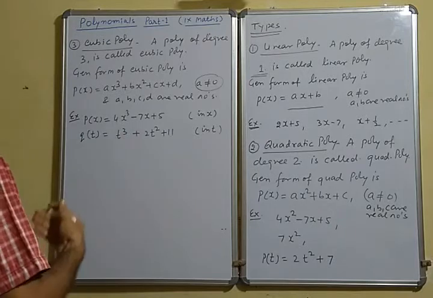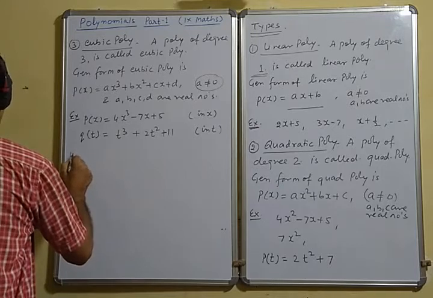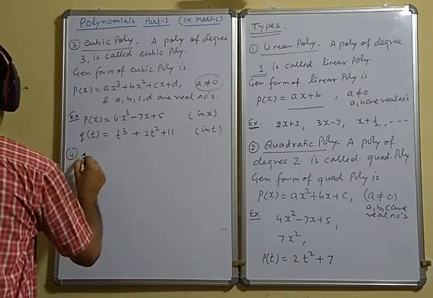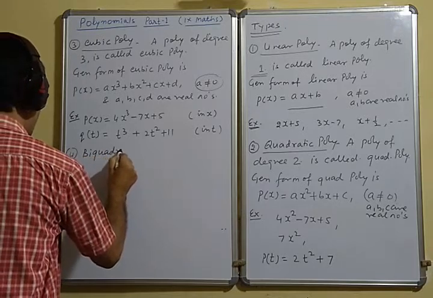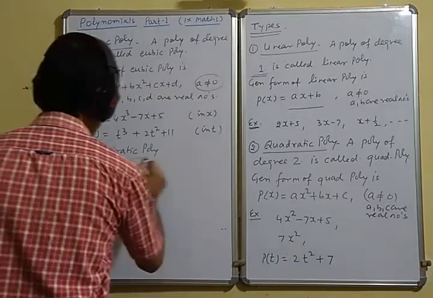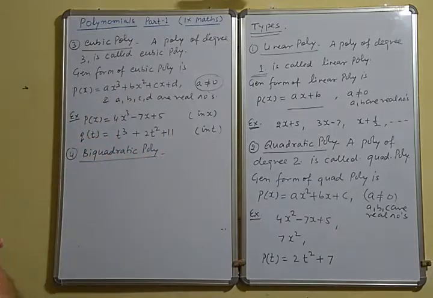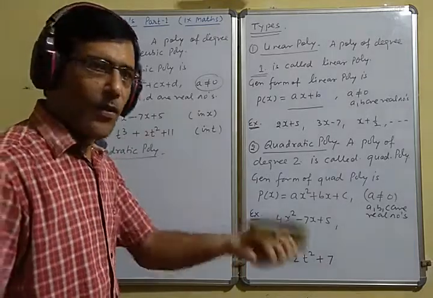Now the next, that is number 4, the biquadratic polynomial. A biquadratic polynomial means a polynomial of degree 4.